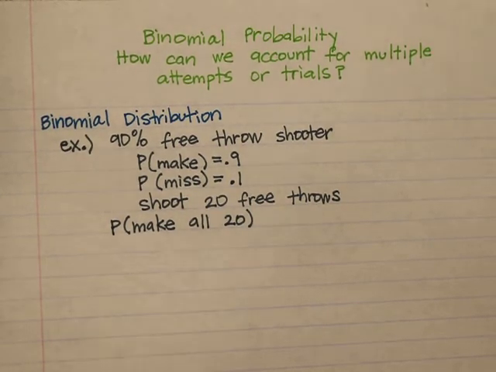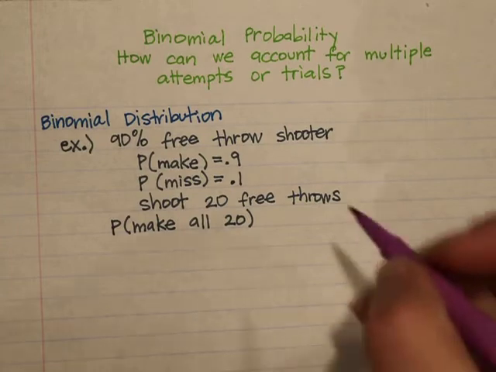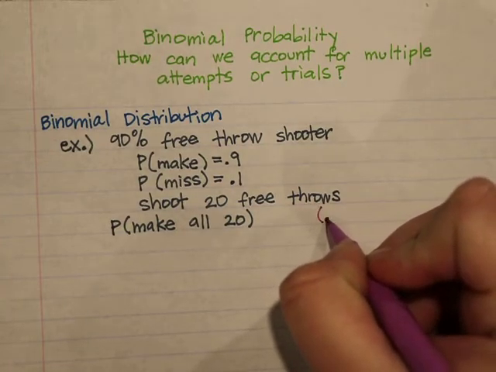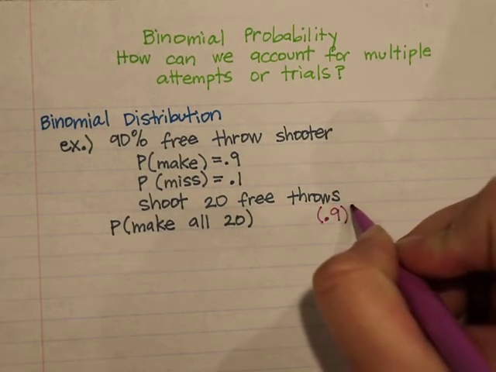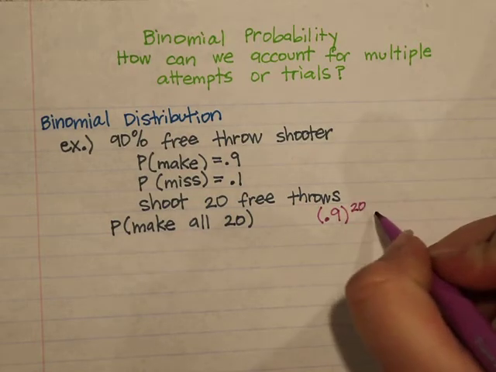Now every time he steps to the line, these are independent free throws. Just because he makes 10 in a row, it doesn't change his probability for the 11th. Every time he shoots, he's got a 90% chance of making it. So if I'm shooting 20 free throws and I want to make all 20, then I take 0.9 and I raise it to the 20th.